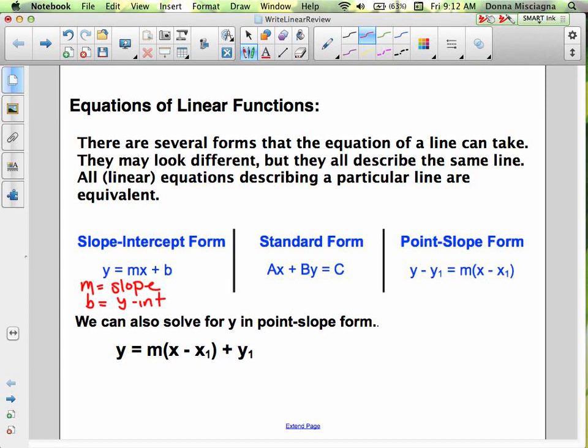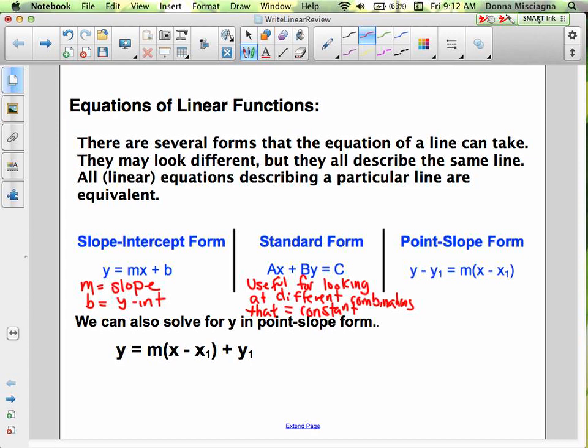So we could look at different combinations. That's what standard form is useful for, looking at different combinations that equal some constant. C there is a constant, and A and B are integers.